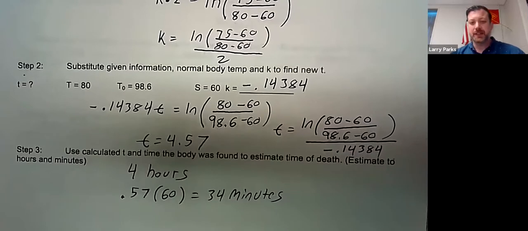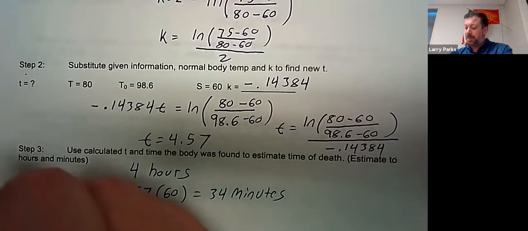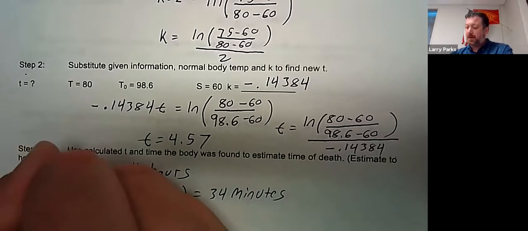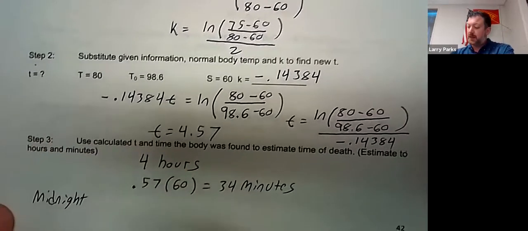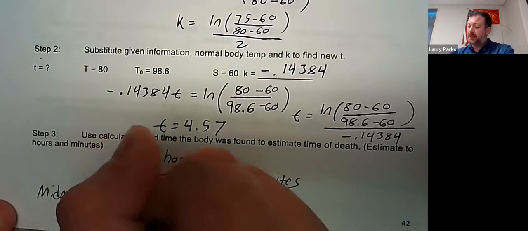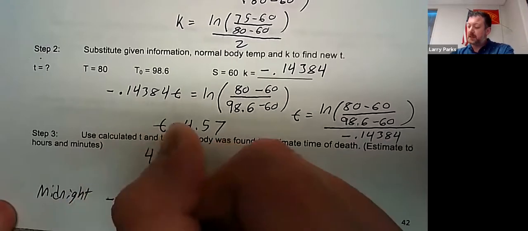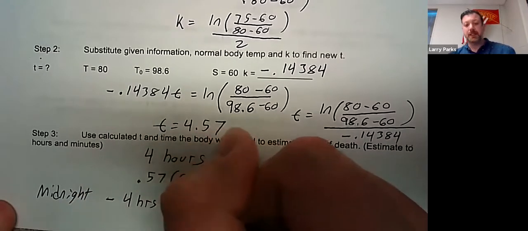So you could use this to say that initially the body was found at midnight. So if you take midnight minus 4 hours, 34 minutes, that would be the time.